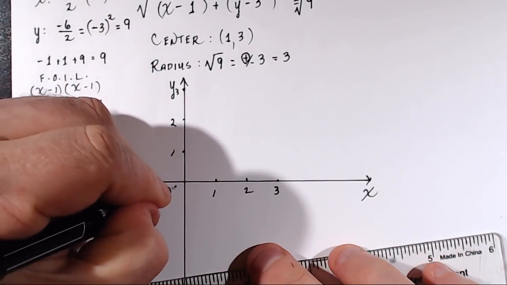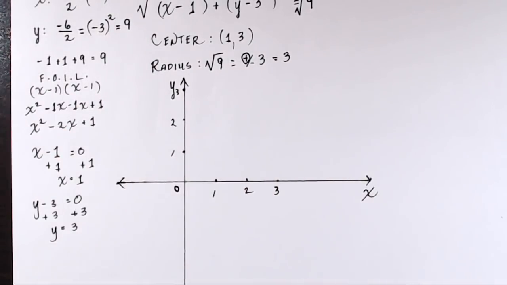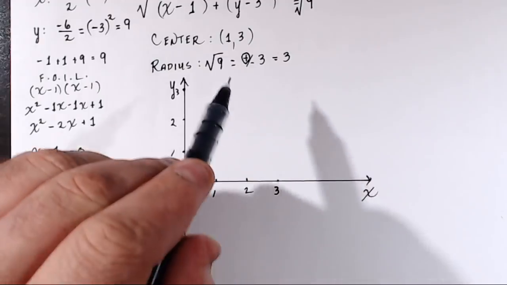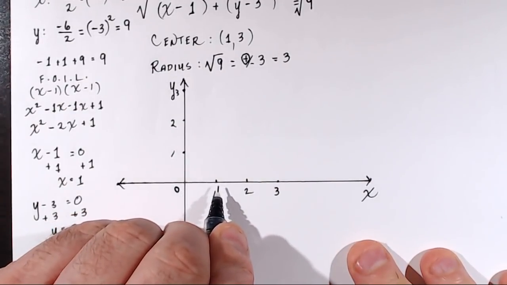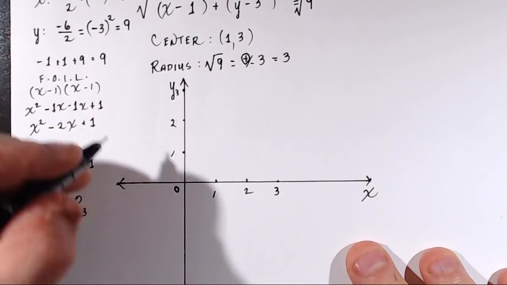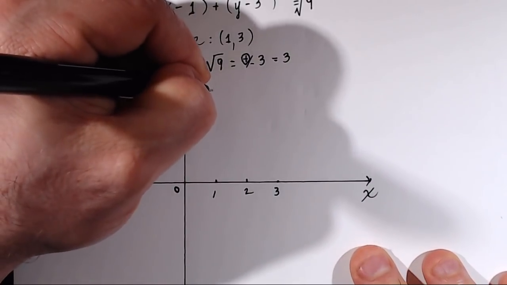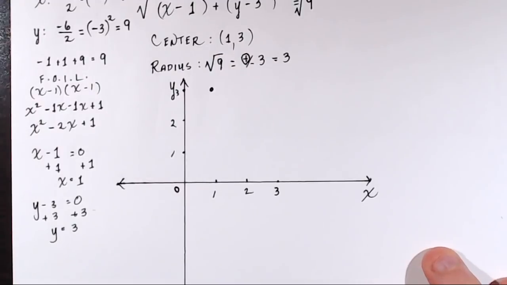Okay, here's the origin point right here. And now I can actually draw my circle. First, I need to plot the center of the circle. The center of my circle is at 1, 3. So I go over 1 on the x-axis and then up 3 on the y-axis. And I've got my center right there.